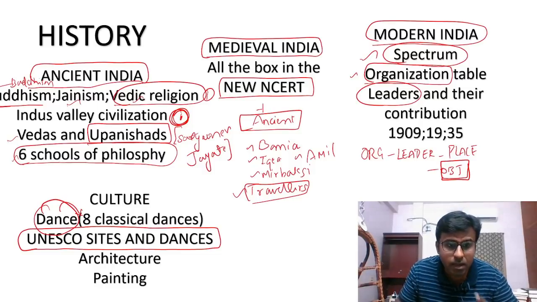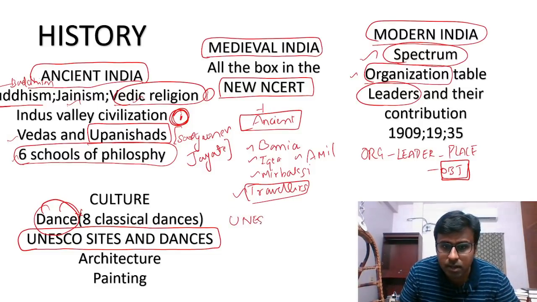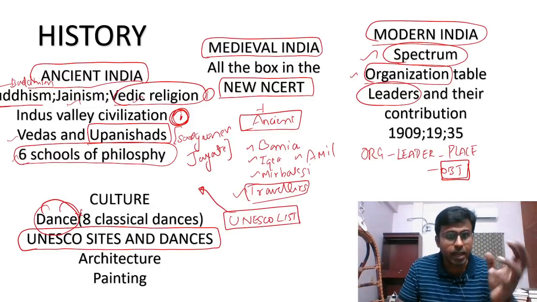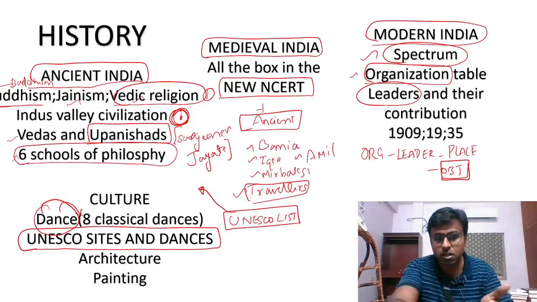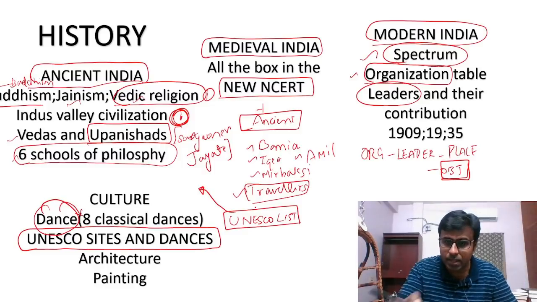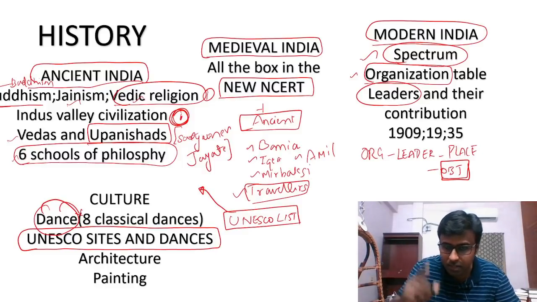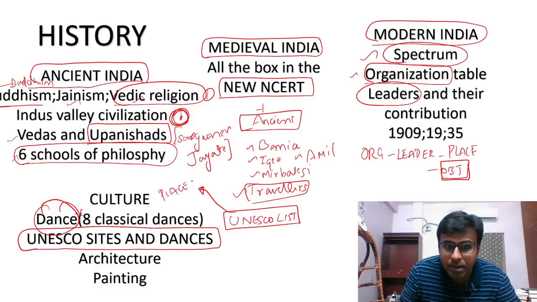There is a UNESCO list in India, the UNESCO approved list. UNESCO is an organization which preserves culture. Environment and culture preservation is the work of UNESCO. And the UNESCO list in India has places, paintings, and dances.